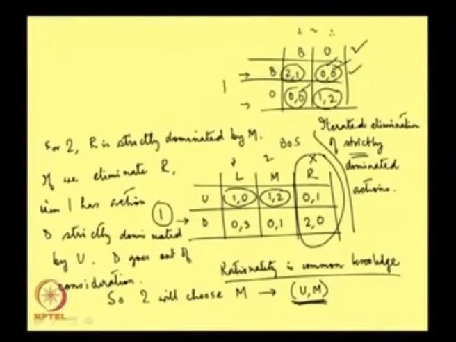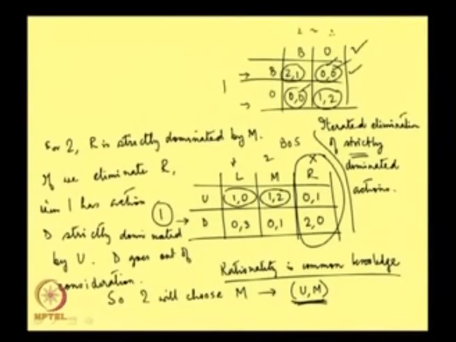So, this is the case of iterated elimination of strictly dominated actions. In the next lecture, we shall take up the case of iterated elimination of weakly dominated actions, because this was a strict domination case, but actions can of course be eliminated on the basis of weak domination also. And in that case, we shall see that the result after elimination of weakly dominated actions may vary from case to case.